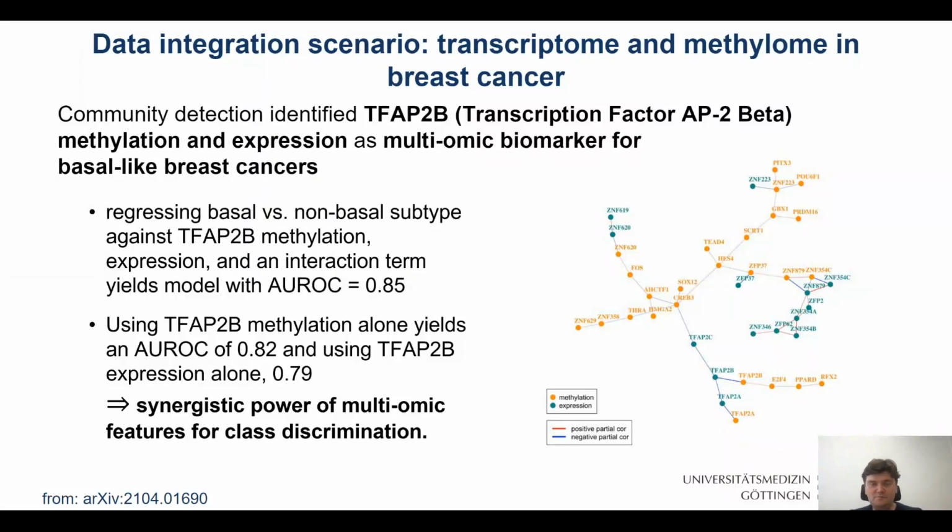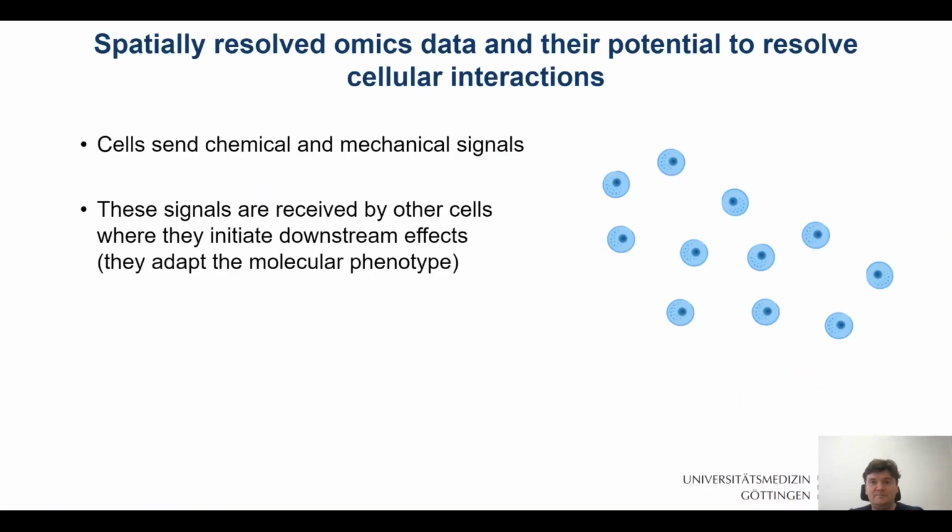Well, for the last few minutes, I'd like to show you how these concepts, so basically the concept of graphical models, can be adapted to spatially resolved omics data. And first, I'd like to just state some basic things all of us know.